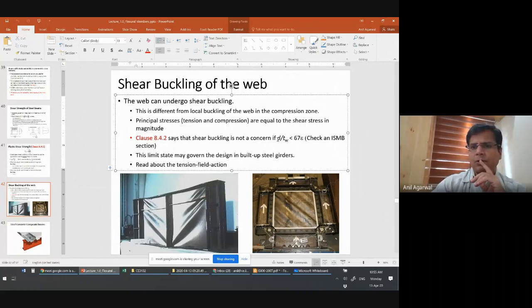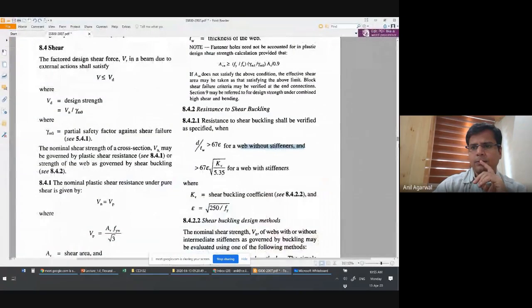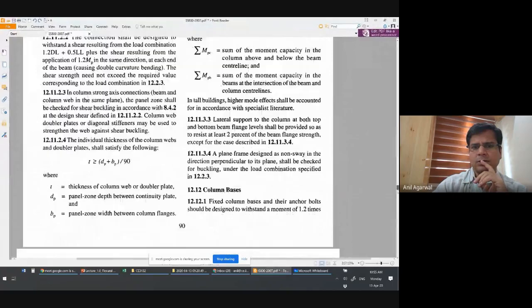Okay, one thing I wanted to comment: d by tw is basically the depth of the web divided by tw, and that should be less than 67. So if I look at any of the ISMB cross sections, let me quickly go to one ISMB cross section, hot rolled sections.